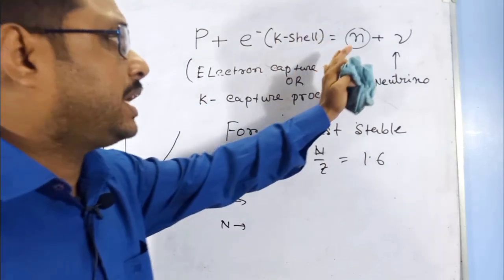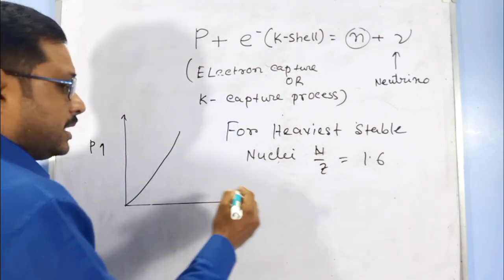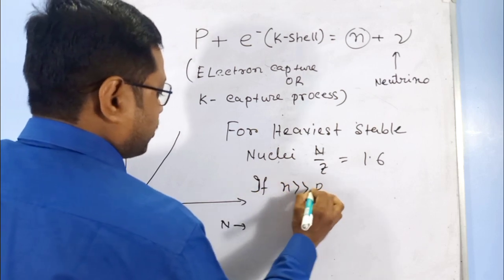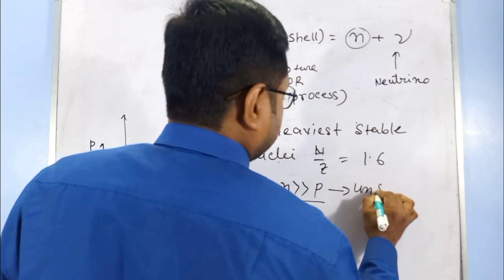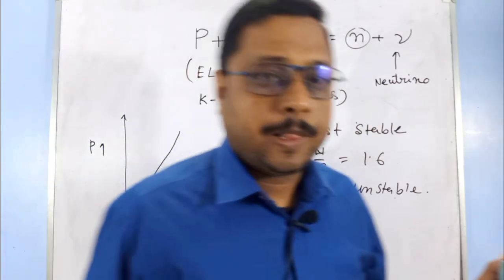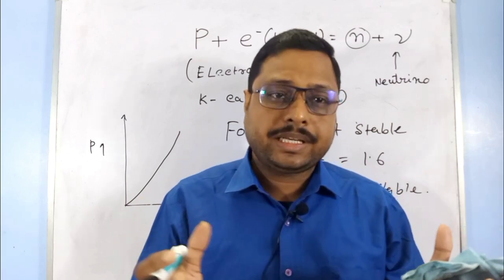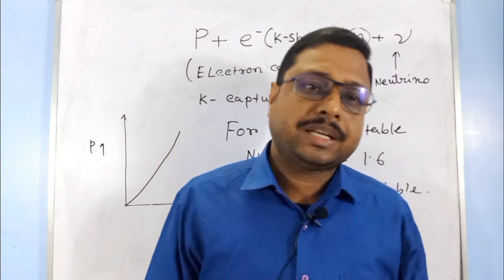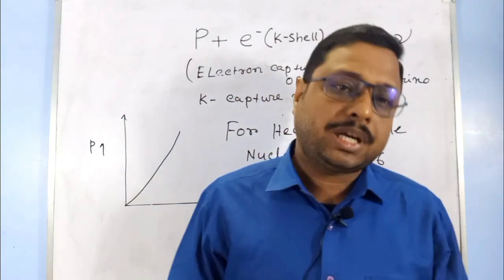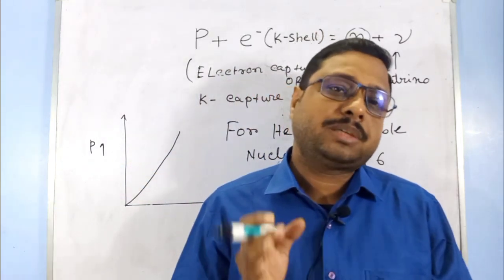But there is also an inconvenience: if the neutron number is much larger than the proton number, then it also becomes unstable, because there are no neutron-proton pairs and the atom has large binding energy, and it splits into lighter particles. So if the proton number is very large or the neutron number is very large, the nucleus becomes unstable.